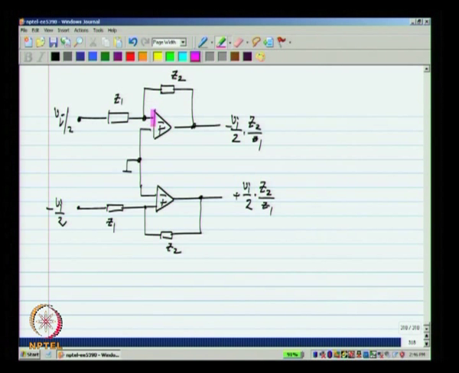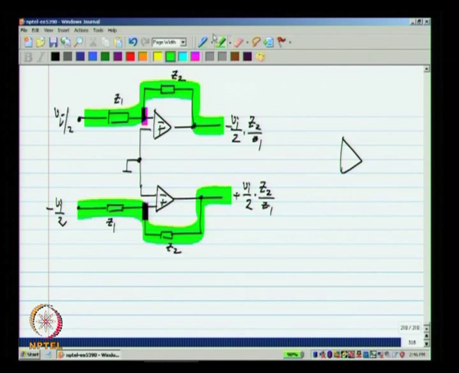Now, you see that there is a virtual short between these two terminals and these two. So, effectively the voltage at that and that point are the same if the op amps are ideal. So, what we do with the fully differential op amp is to essentially lift this off the ground, that is ignore this part and have only these parts of the circuit. Okay.